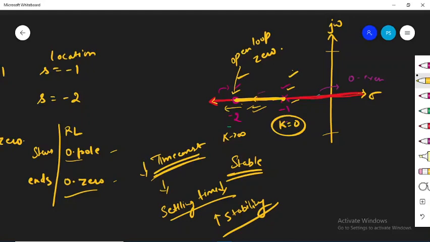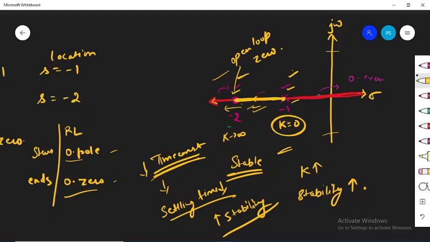So for this example we can comment that the higher the value of k, the higher the stability of the system. This is the root locus. This is how you can approach it: from where the pole will start and where it will end, using the rules that we have.